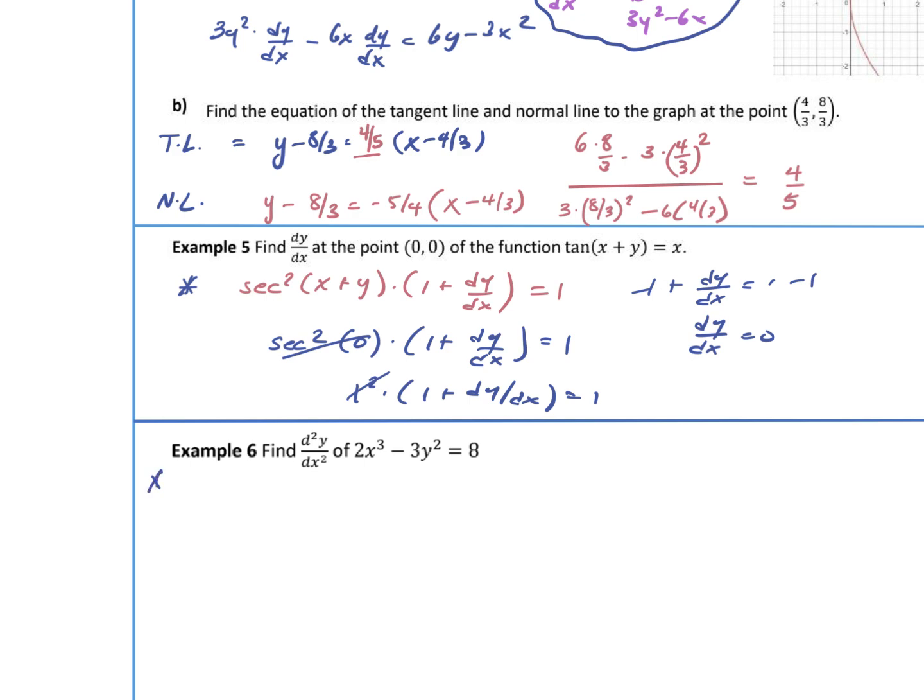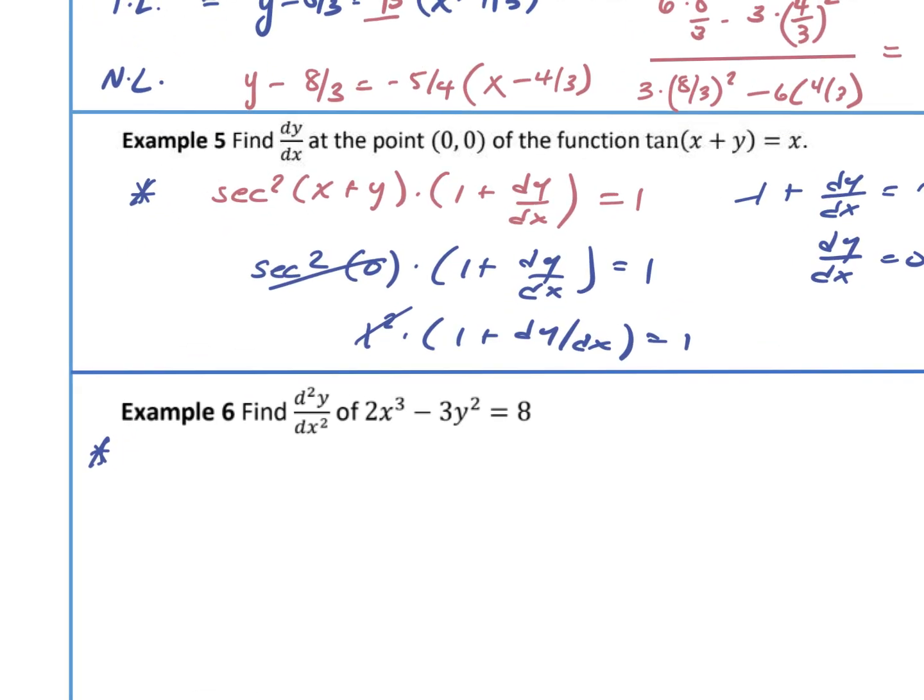So I'm going to put a little asterisk next to this because most students forget how to do this. So we're still going to do the same thing. Take the derivative as is. So I'm going to start with 6x squared. So you get 6x squared and then minus 6y times dy/dx equal to 0.